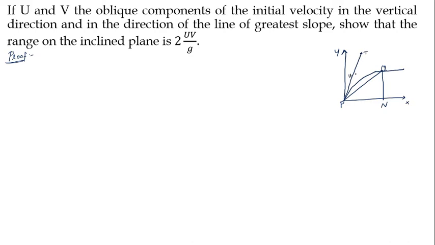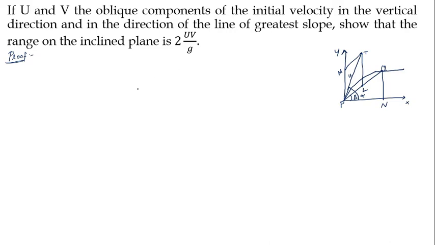Okay. Now I am drawing a perpendicular line which is parallel to the vertical, and I am naming this as L. I am drawing a line which is parallel to the inclined plane, and I just denoted it as M. We know that the angle of the inclined plane is beta, and the angle of the projection is alpha. So this will frame a quadrilateral PLTM.